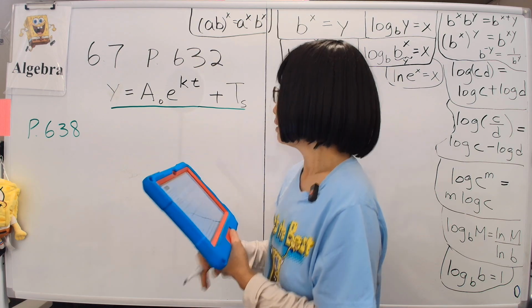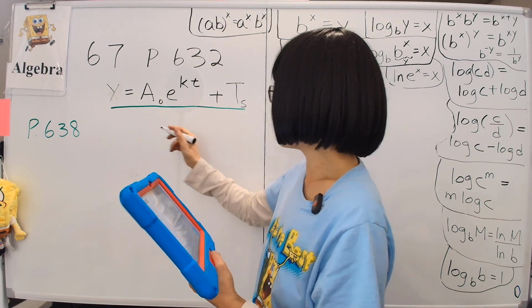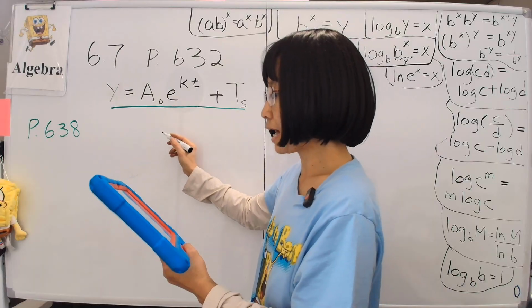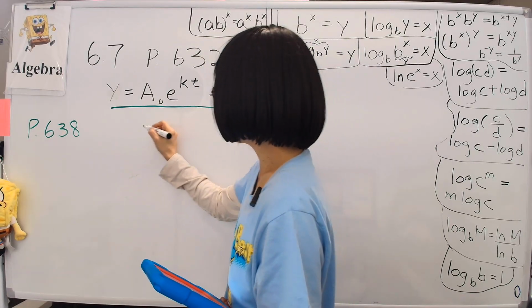Then there are some things we know right now. In the beginning, we have the time back when time was 0.